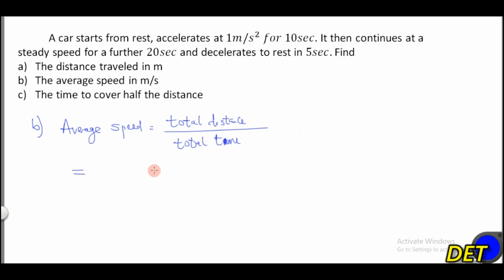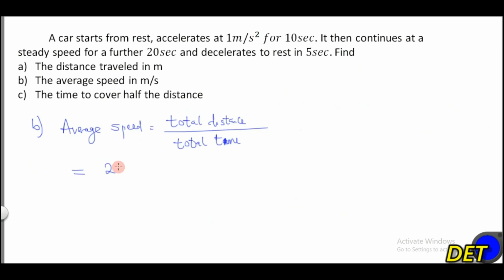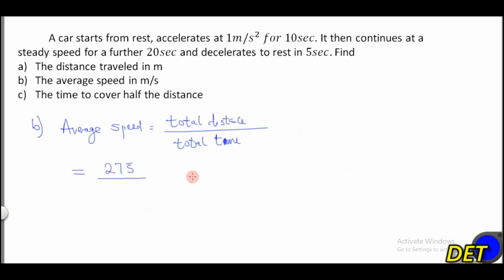So this will be equal to, what is the total distance that is traveled? It is 275, right? So that will be 275 divided by the total time taken. What is the total time taken? The total time taken will be 10 plus 20 plus 5, right? 10 plus 20 will give us 30, plus 5 will give us 35.